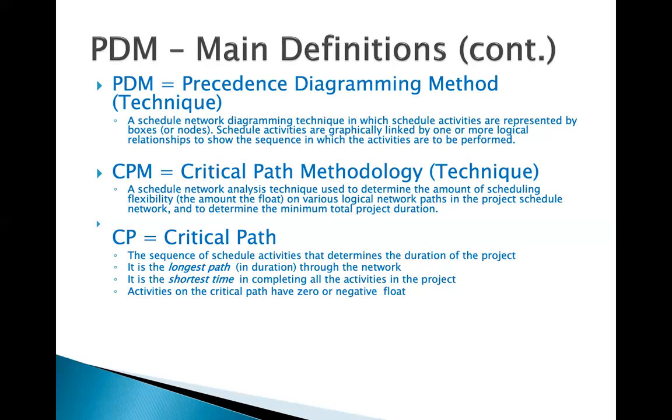Also, very important for the critical path definition, the activities on the critical path have a zero or negative float. One more time, what is the float? Float is the same as slack and is the amount of time that we can delay any activity without delaying the final completion of the project.